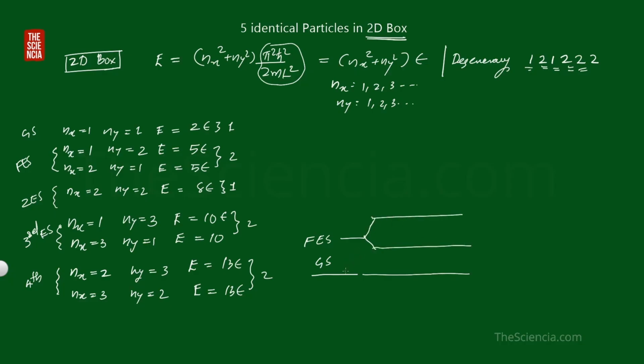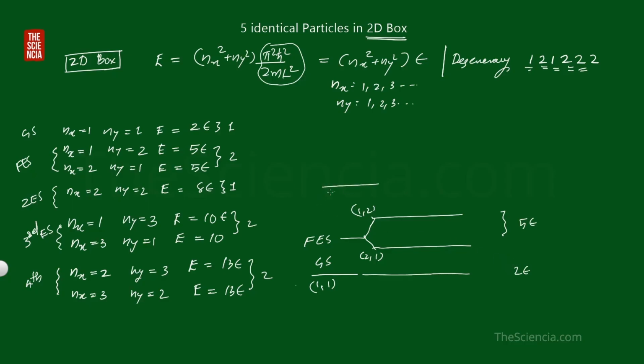Okay, that is, the ground state is nx equal to 1, 1. For the first excited state, there are two combinations: one is 1, 2 and one is 2, 1. Both have the same energy, that is 5e. Here it is 2e.